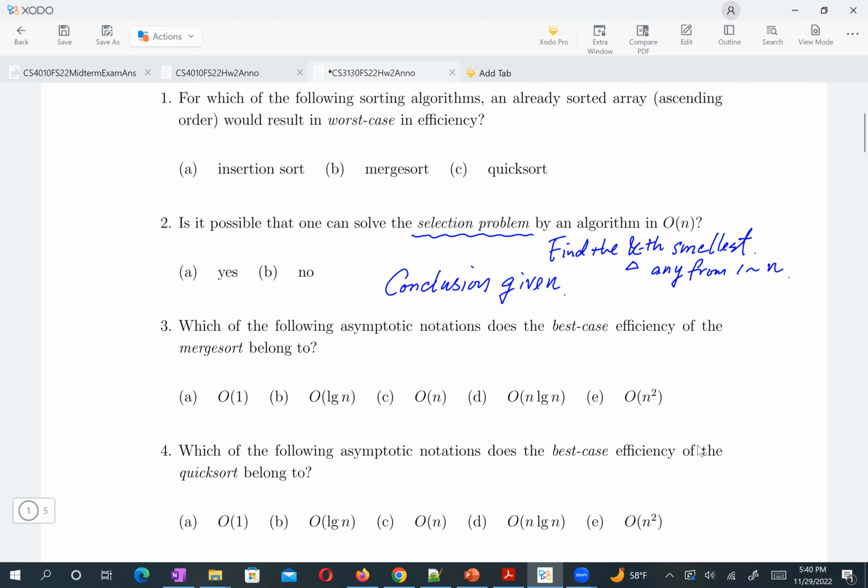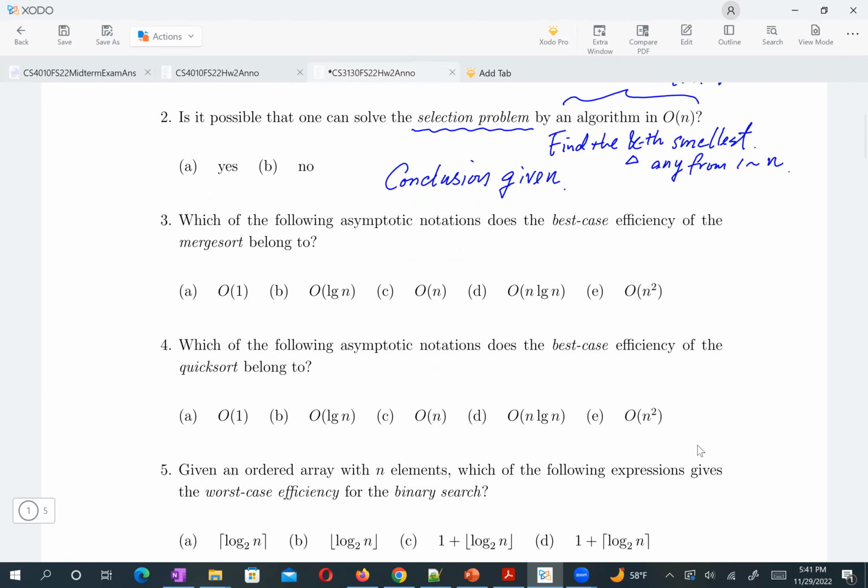The conclusion is if there exists an algorithm in big O of n, or we can call a linear algorithm, if a linear algorithm exists for the selection problem. So you only need to find that conclusion. So that is the second question.